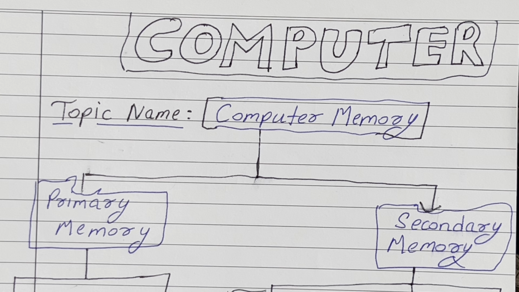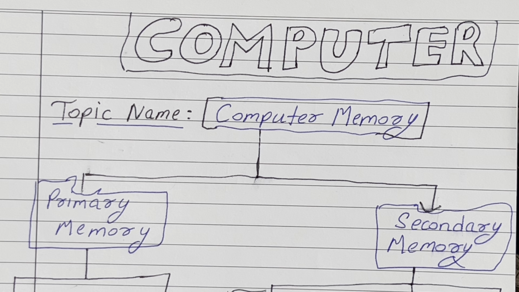It provides the necessary space for holding information during processing, as well as for preserving important data for future use. So you should understand these facts, or you can say information, about computer memory.